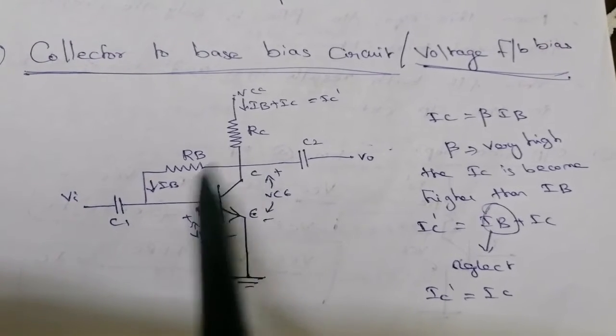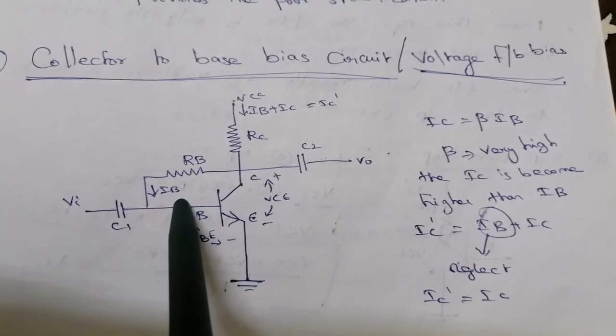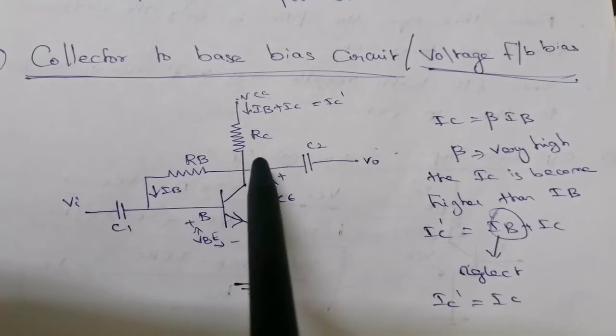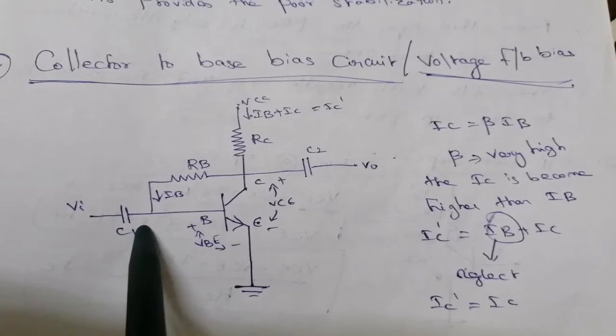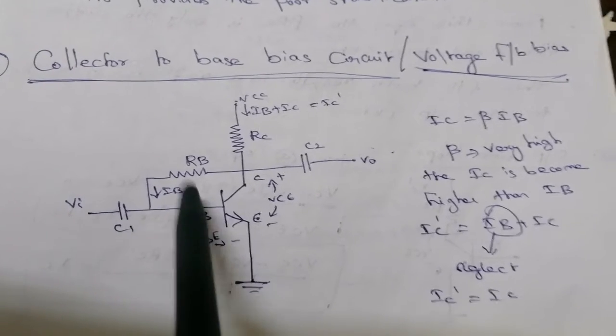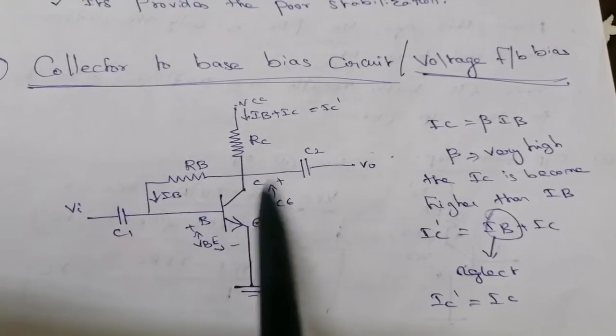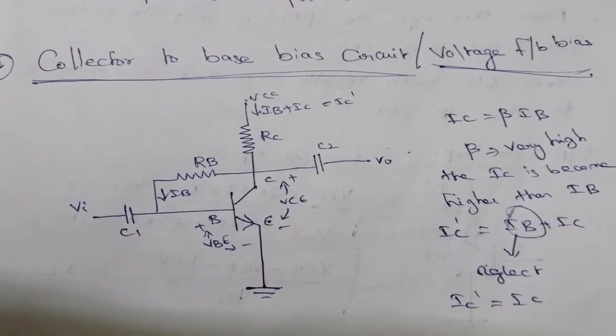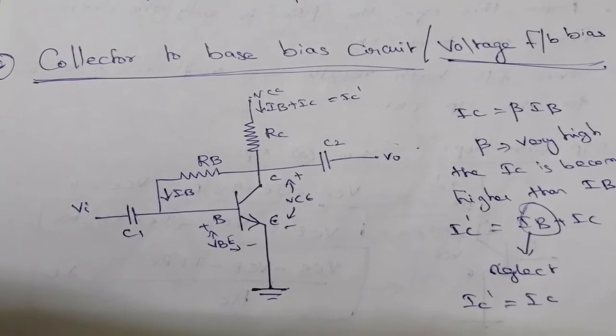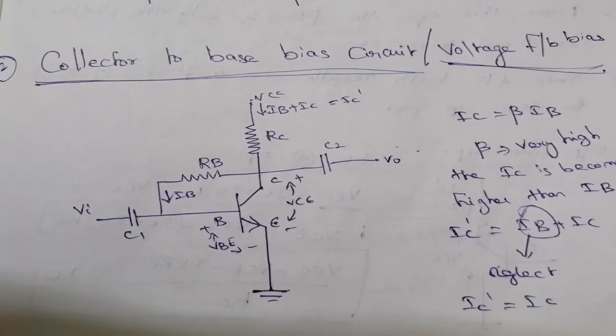Here collector is the output terminal and base is the input terminal. So feedback is nothing but the output of the circuit is fed back to the input, which is called feedback. Is it clear? So this is the circuit diagram of collector to base bias circuit, or voltage feedback bias circuit.